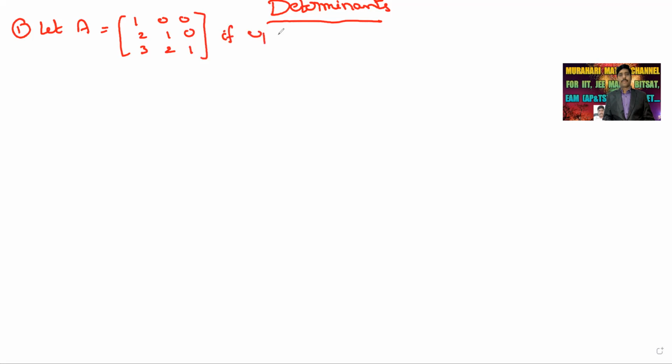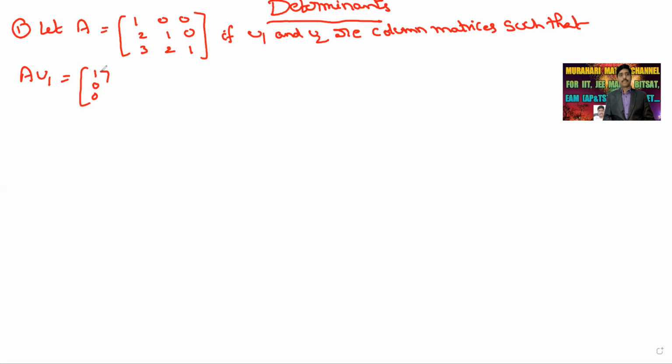If U1 and U2 are column matrices such that AU1 is equal to [1 0 0] and AU2 is equal to [0 1 0], then we have to find U1 plus U2.